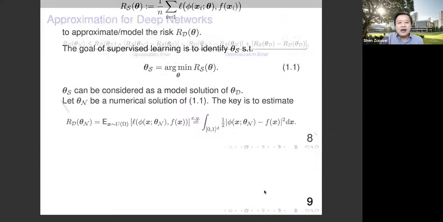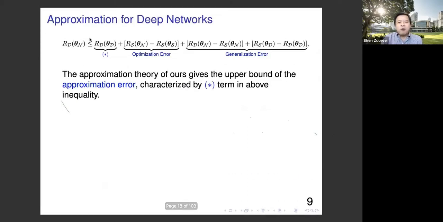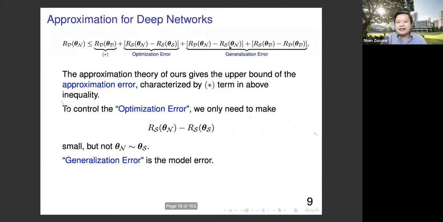You can divide this error into three terms. This R_D minus R_S can be manipulated to become three terms. The first term is the approximation error, which concerns exactly the function model. The second term is the optimization error. And the third one is the generalization error.